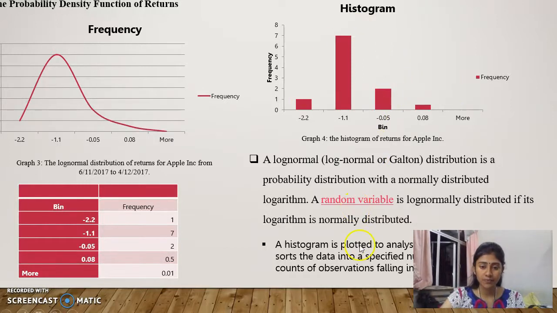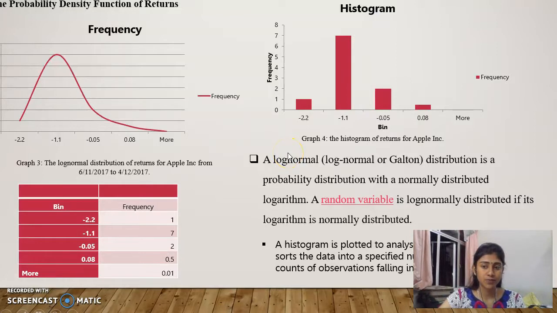A histogram sorts the data into a specified number of bins, which is this one, and plots the counts of observations falling, which is the frequency, in each bin. So from the bin and frequency, a log normal distribution is plotted.